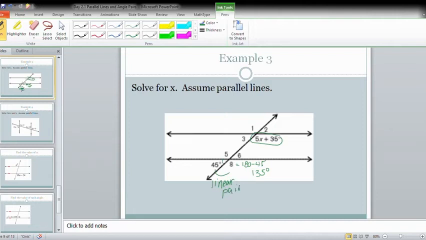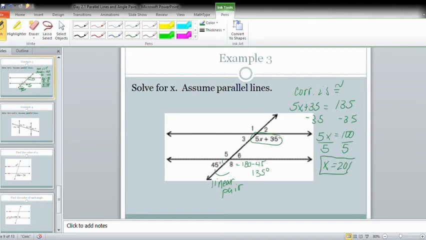And now I'm going to go ahead and set up my algebra problem based on the fact that I have corresponding angles. Congruent. So I'm going to say 5x plus 35 is equal to 135 degrees. Now I just have to solve, so I'll subtract 35 from both sides, giving me 5x is equal to 100. I can divide by 5, and so x is equal to 20, right?